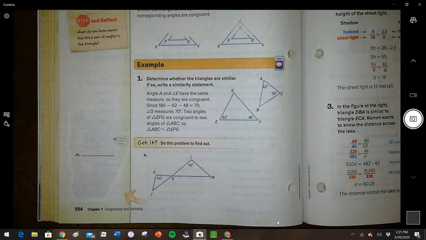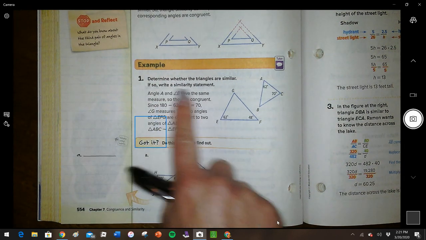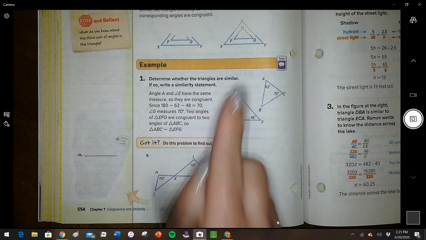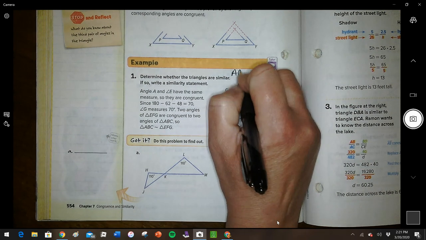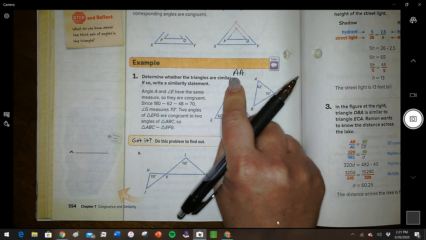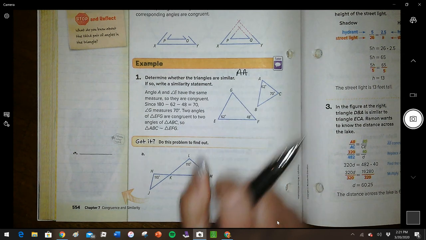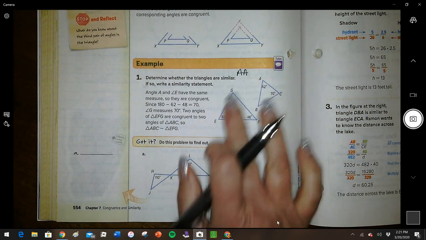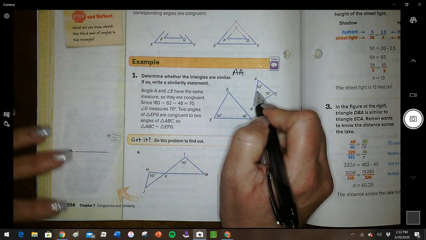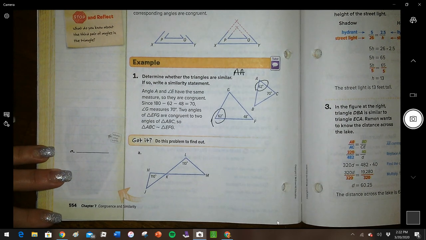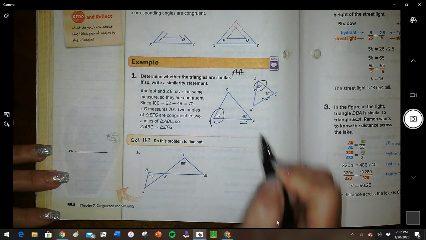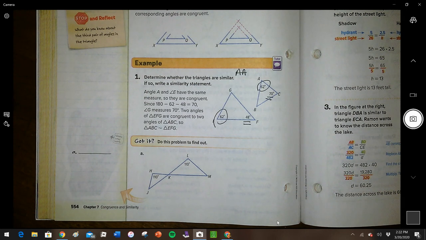So the first thing we're going to do is decide, hey, are these triangles similar? Do they in fact have this AA similarity, right? Are two angles actually congruent? If you take a look at this picture, you can see, hey, here's one, 62 and 62, but 48 and 70, those are not the same angles, okay?